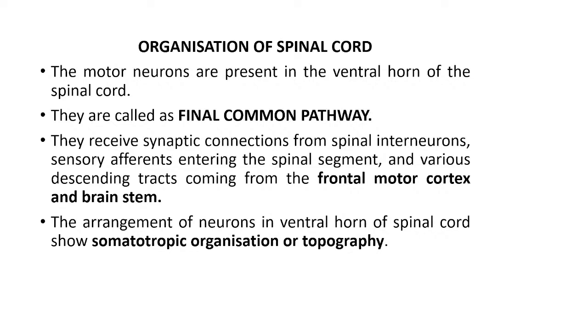Similar homunculus, बस ये है कि सर्वाइकल सेगमेंट में आपको अपर लिम्ब का ही मैप मिलेगा. The lumbar segment of the spinal cord will represent the map for the lower limb. Got it? Because upper limb upper motor neurons will not continue till the lumbar or sacral spinal cord. They will end up in the cervical or thoracic region. That's it.